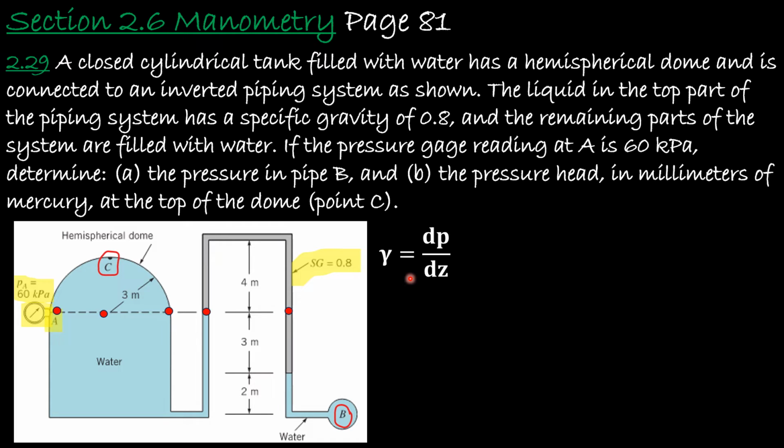Now let's step back a little bit and discuss some important concepts as a practice solving this problem. So this equation is the fundamental equation for fluids at rest and can be used to determine how pressure changes with elevation.